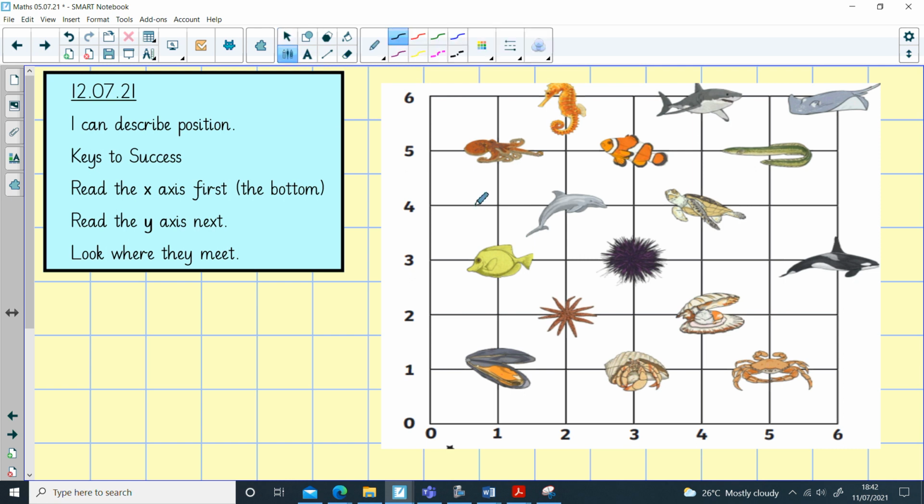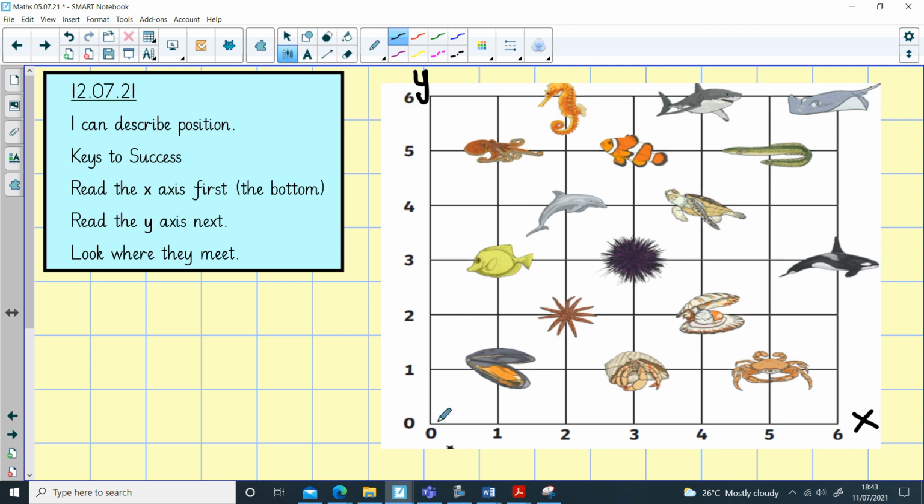And on this grid, and on every other grid, this along the bottom here is your x-axis, and then the one that goes up the side is the y-axis. Okay, so the x goes along the bottom, and then the y-axis is the one up the side, the vertical one. Okay, and there's a really simple rule, and I'm sure I've told you this before, but this time you need to keep it in your head.